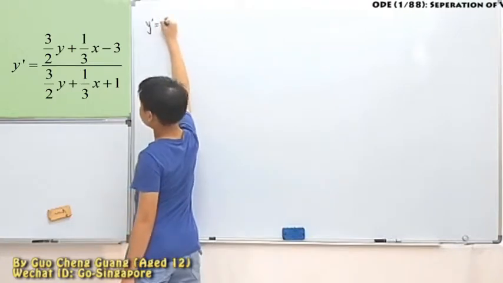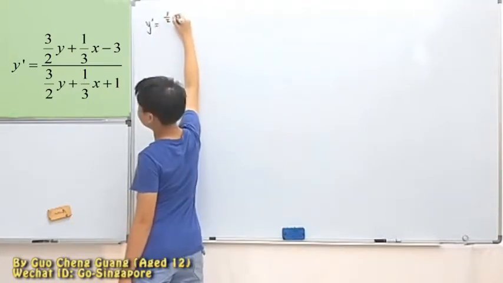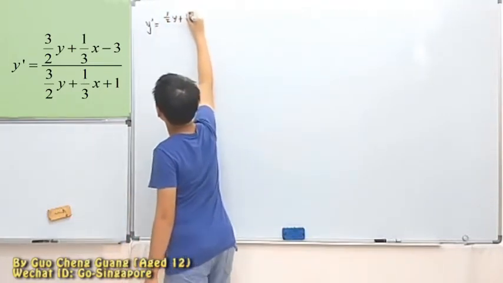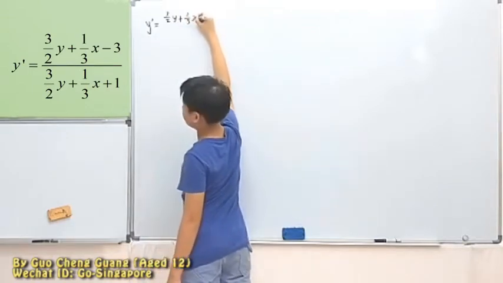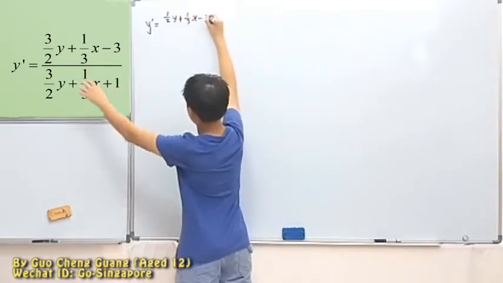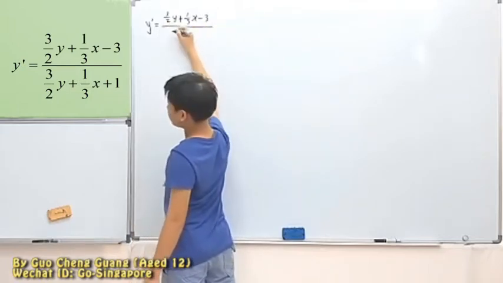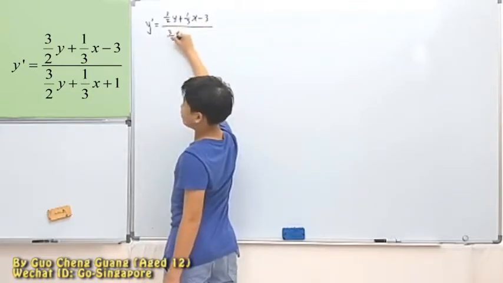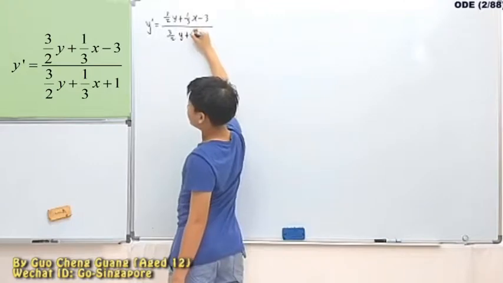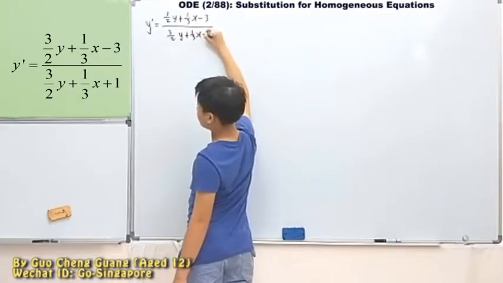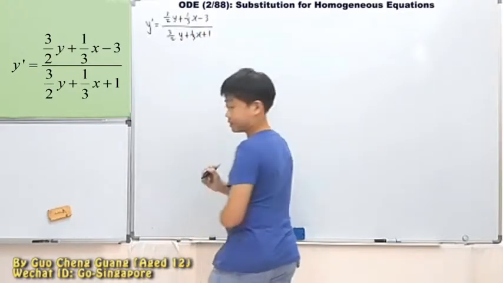y prime equals (3/2 y plus 1/3 x minus 3) over (3/2 y plus 1/3 x plus 1).